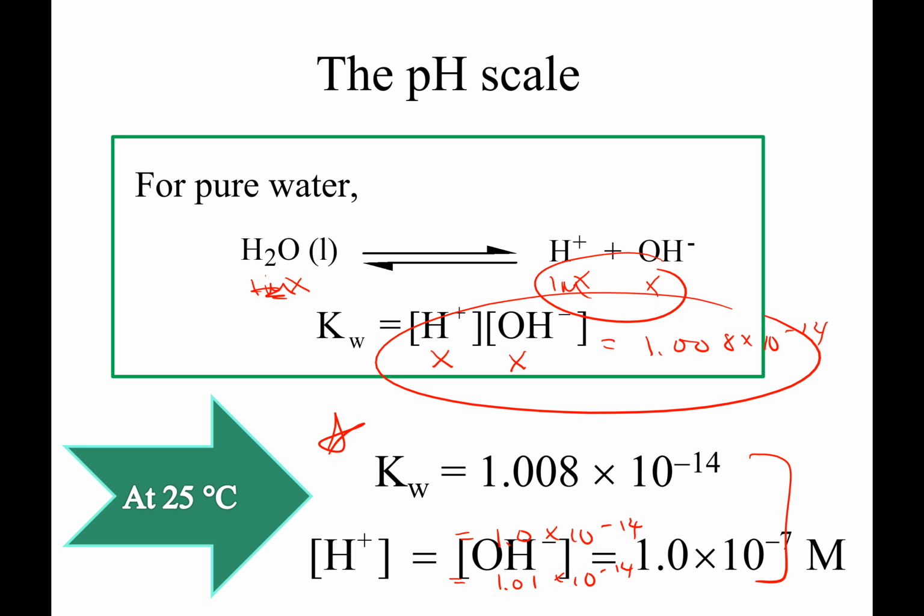At 25 degrees Celsius, that would be the molar concentration of my H plus and the molar concentration of my OH minus. So to a certain extent, it auto-ionizes. And what I'm describing is a neutral solution.